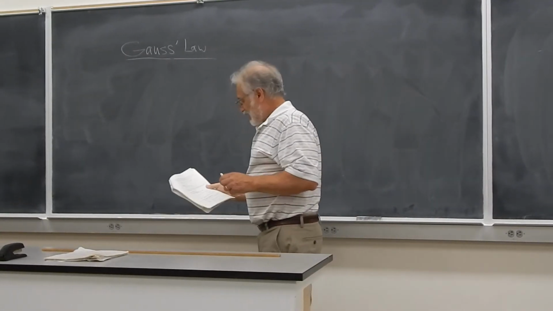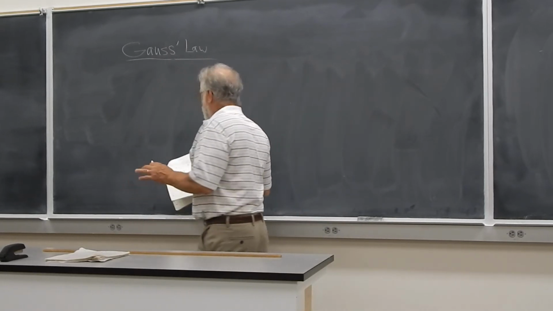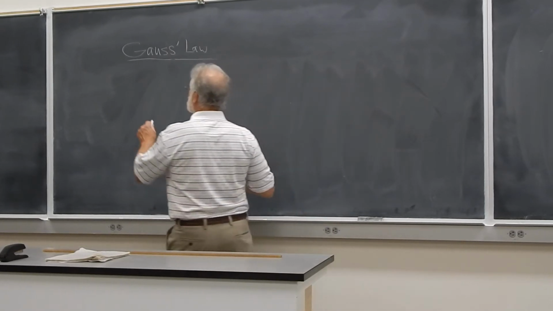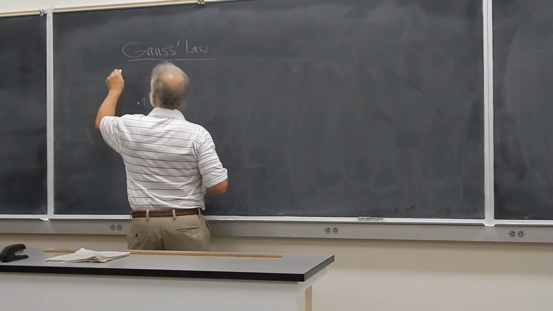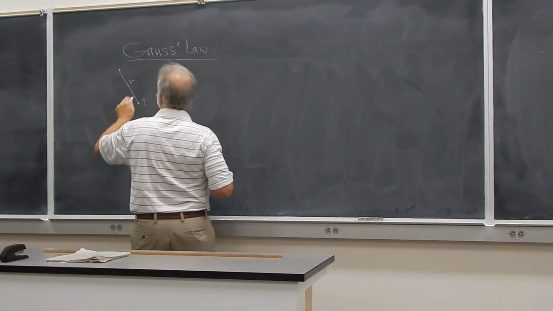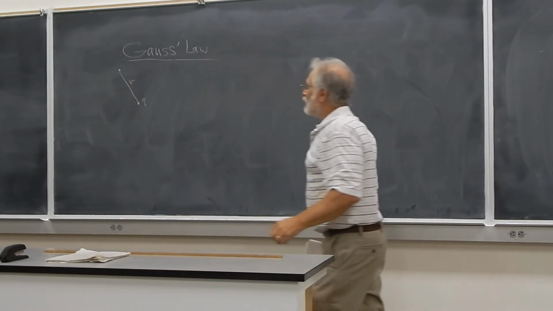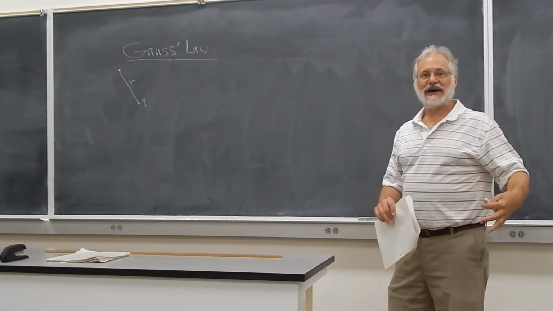We've already done the E field due to a point charge. So we can use that if we want to work in reverse. Suppose I say, what is the electric field at some point, a distance r away from a point charge? This is how I would use Gauss's law to find the electric field.